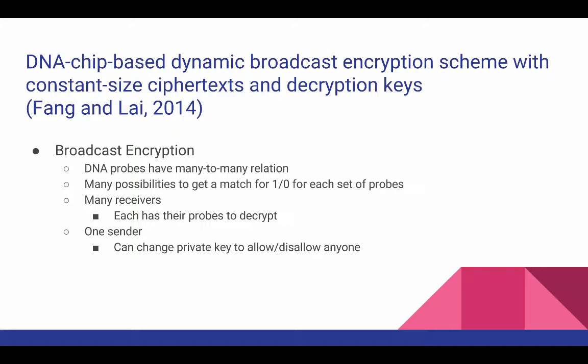Some individual probes might react differently to different chemicals or to different other strands. This gives you leeway to make different keys that will actually react to the same set, which can be really useful. This is actually how cable does its subscription broadcast encryption.